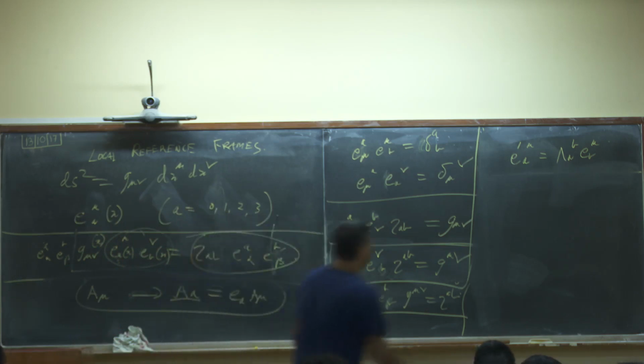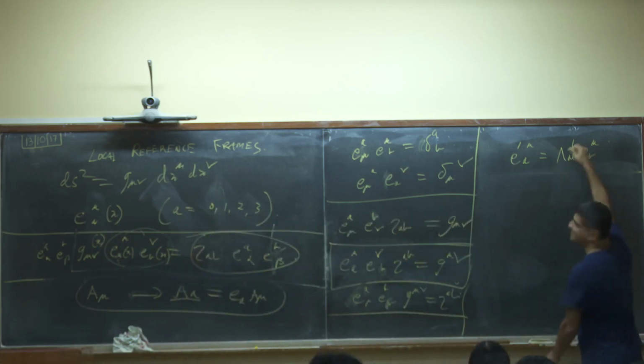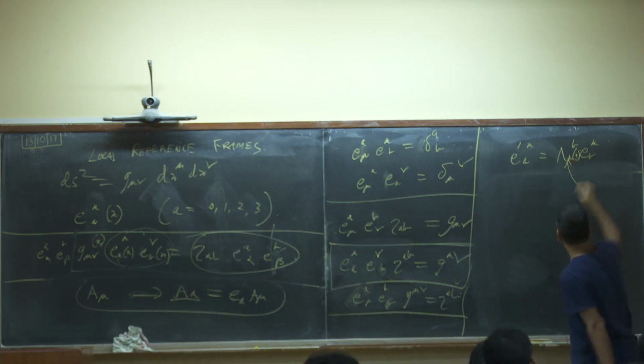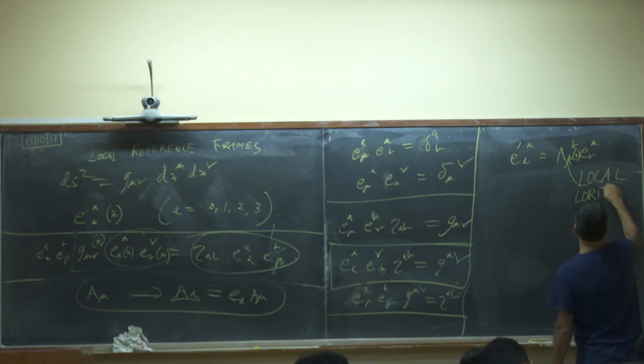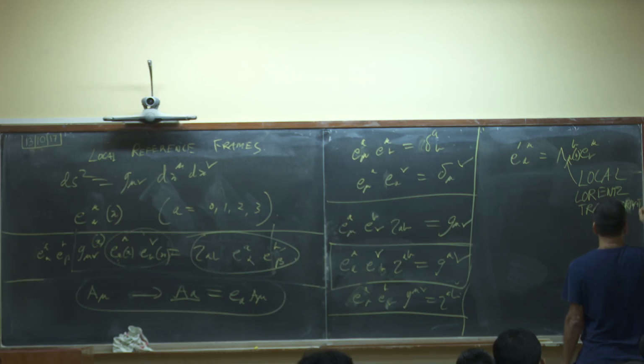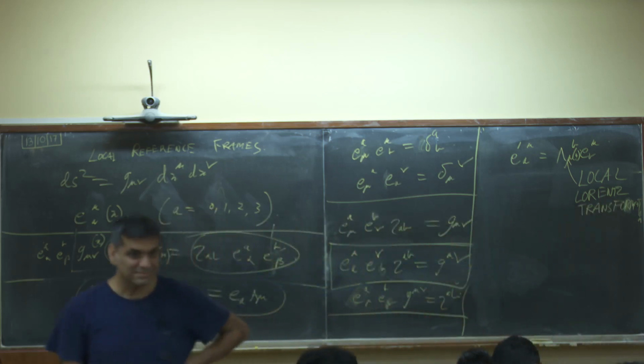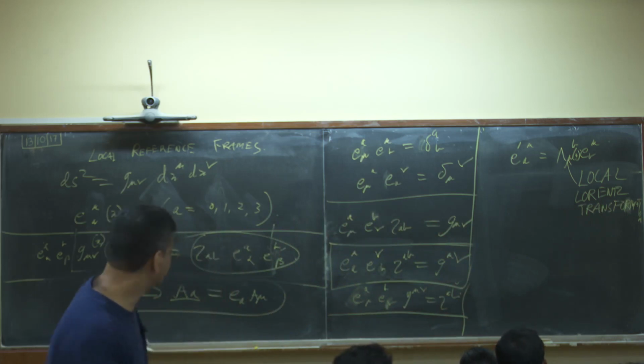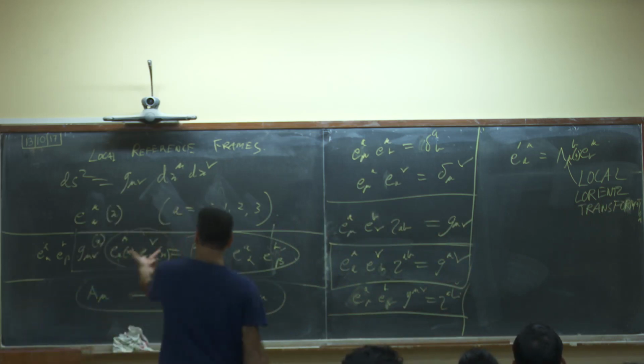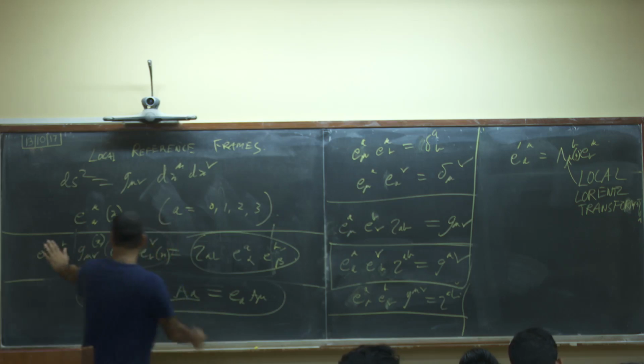So lambda AB of x is a local Lorentz transformation. How did we define the primed E's? By that equation. The primed E's had to be another set of vectors that also obeyed the same identities.